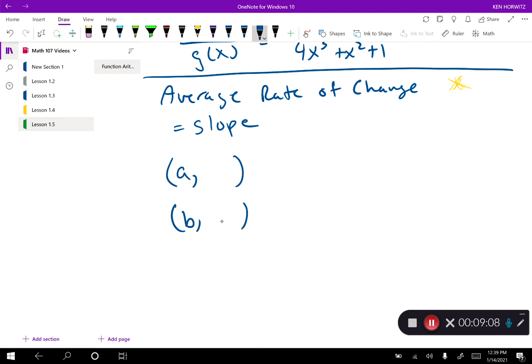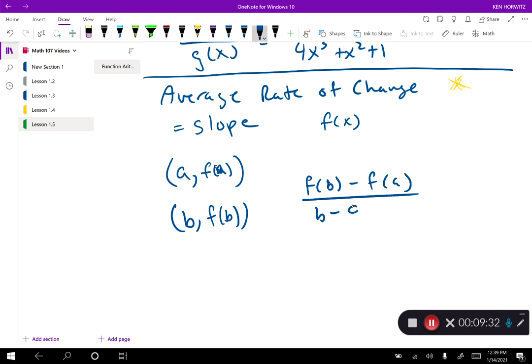If my x-coordinates were a and b, and I took a and ran it through my function, my y value would be f of a. If I took b and ran it through my function, my y value would be f of b. So the slope formula would look like f of b minus f of a over b minus a.